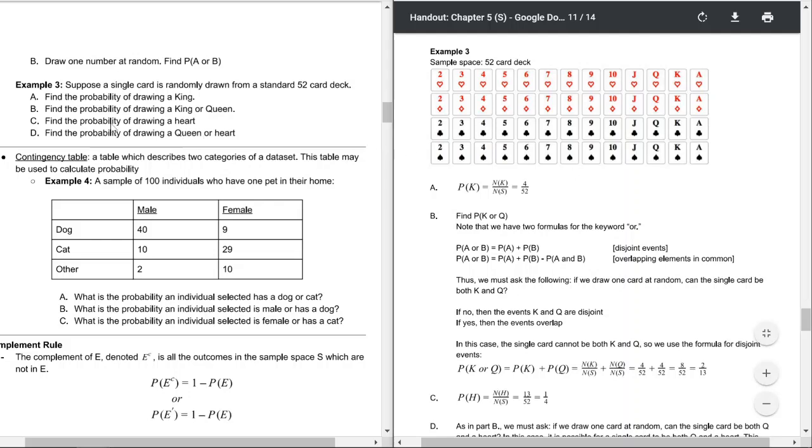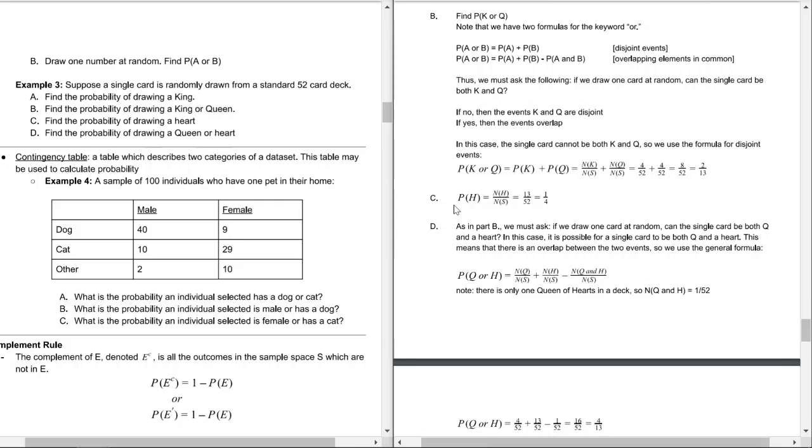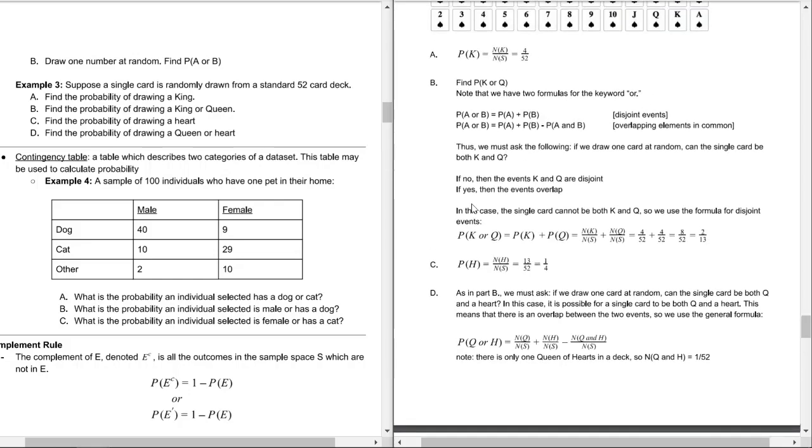In part C, now we're looking for the probability of drawing a heart. Okay, so in part C, notice here, we have using capital H. Typically, again, in statistics, we do like to use corresponding events and letters that correspond together nicely. So let's use capital H to define the event heart.